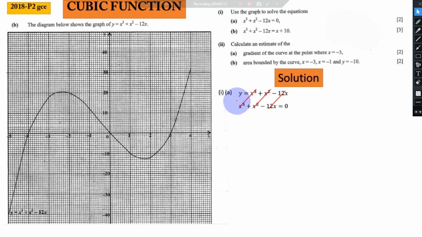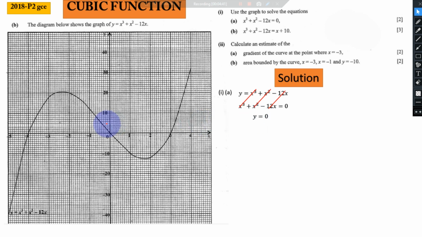You can see in the original equation, what is remaining is y. In the equation I'm solving, what is remaining is 0. So I'm going to equate y to what has remained in the equation I am solving. So in this case, it is y equals 0. This is not the answer, but y equals 0 will help me to find the answer.